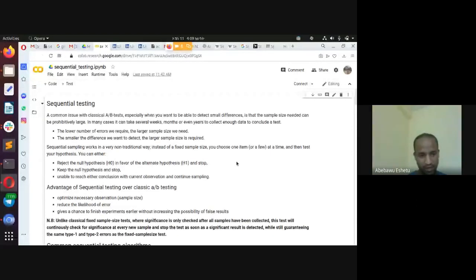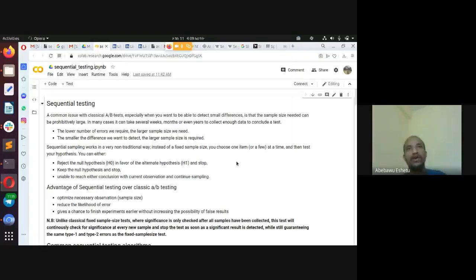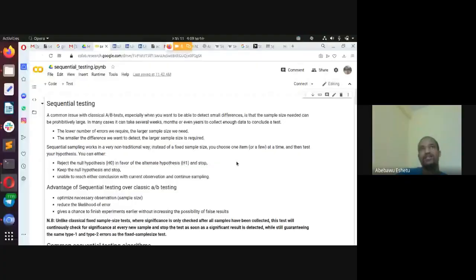A number of statisticians are still researching in this area, and the smaller the difference between the two variants that we are measuring, the larger the sample we need. When we talk about A/B testing, we have A and B, two variants, and we have the null hypothesis, the hypothesis that we are going to justify in our statistical procedure, and we have the alternative hypothesis.